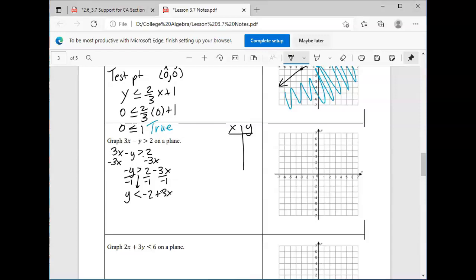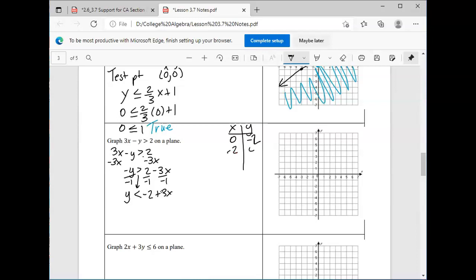Which point's going to work on this one? I hear 0, -1. So if we plugged in 0 right here, that's going to give us -2, right? You okay with that? 0, -2. Okay. What's another one that's going to work?